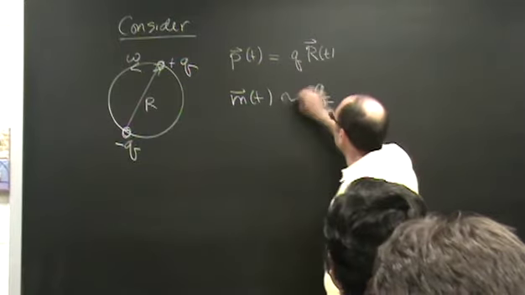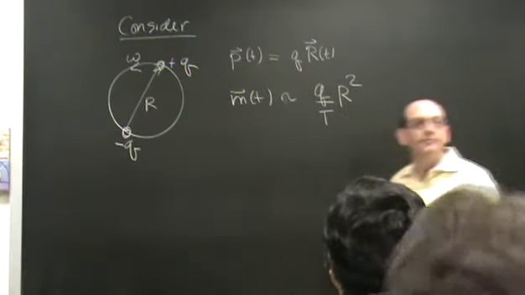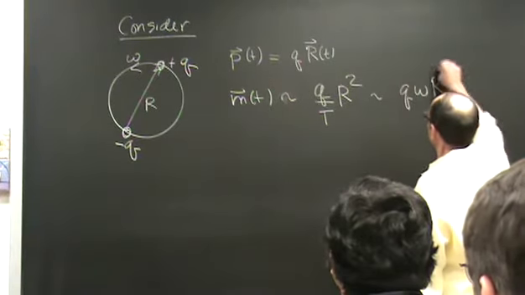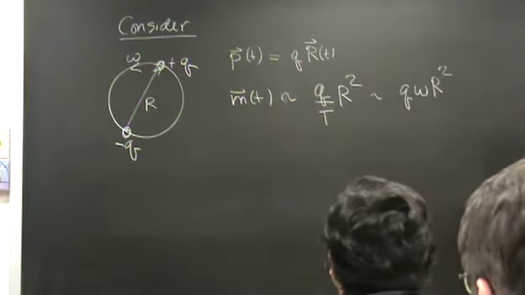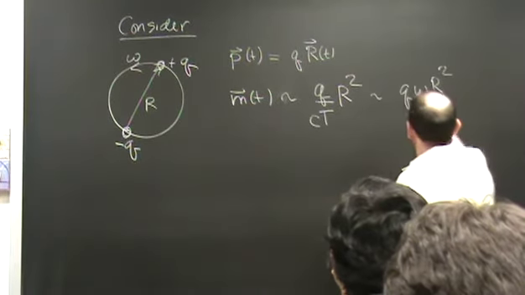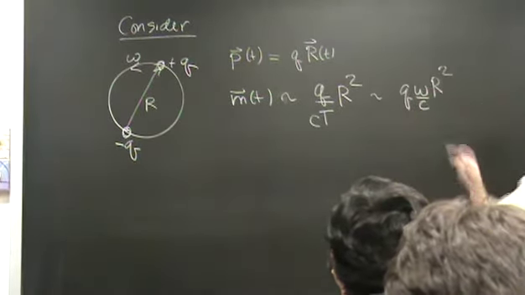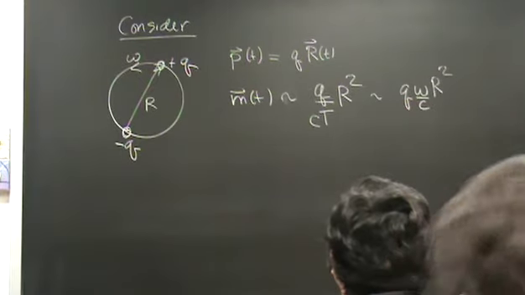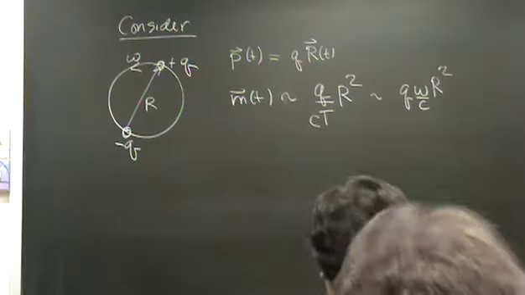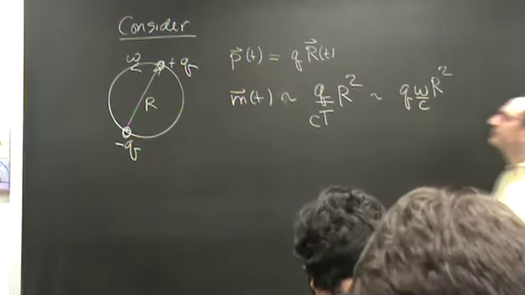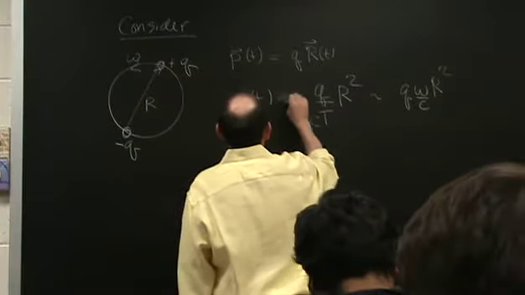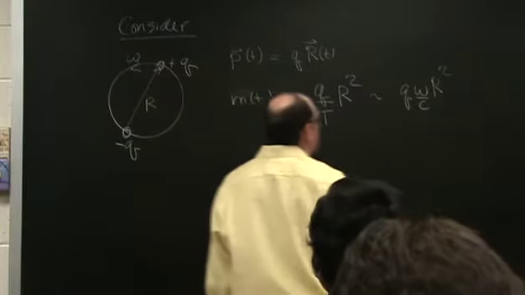Which goes like Q omega R squared over C. That's good because it has the same units. Omega over C is 1 over length, so it's got the same units. Always a good check. All right, so the vector is out of the board.